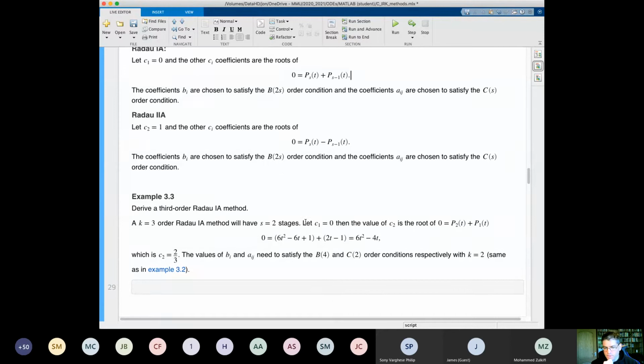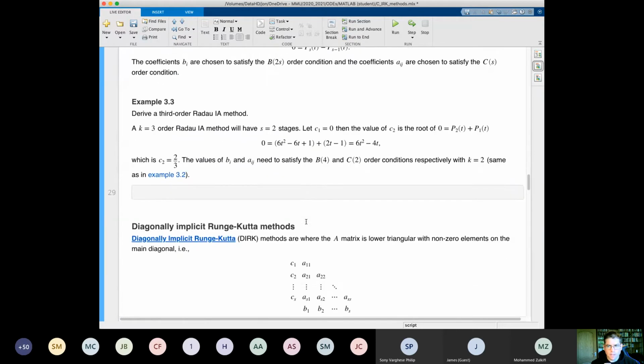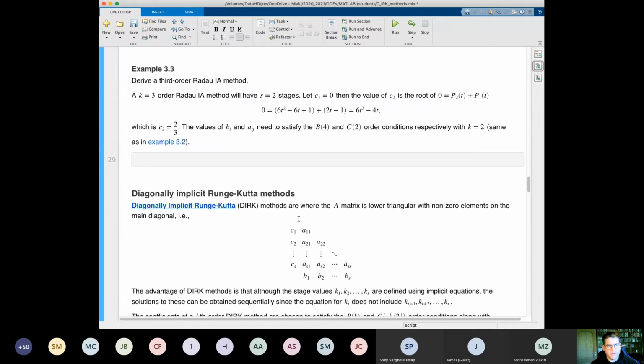Okay, so this is quite similar to the Gauss-Legendre derivation. So let's have a look at deriving a third order Radau type 1 method. We want third order, so k equals 3, and k is 2s minus 1, so therefore s must be equal to 2.